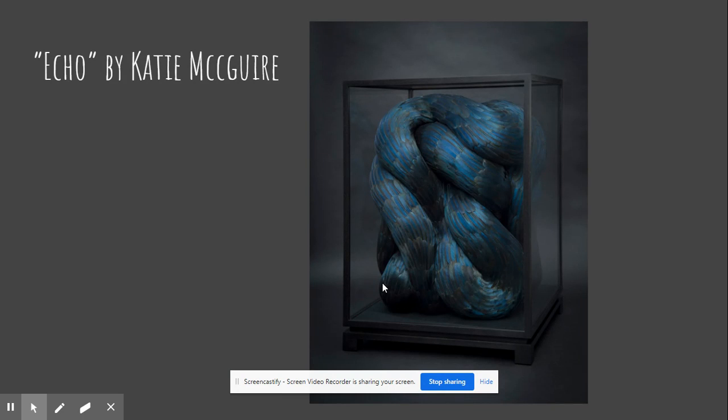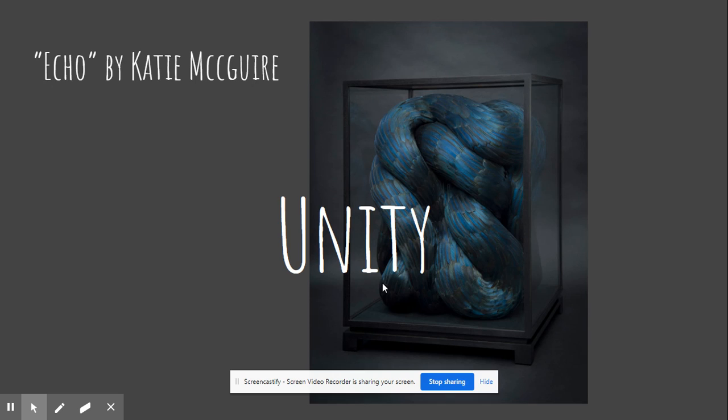This sculpture is Echo by Katie McGuire. She does a lot of these really large, very interesting sculptures that are inside these glass cases. And when I look at this, I see unity. Now, if you think back to the Henri Moore piece that we saw that I put down as harmony, they have a lot of similarities.